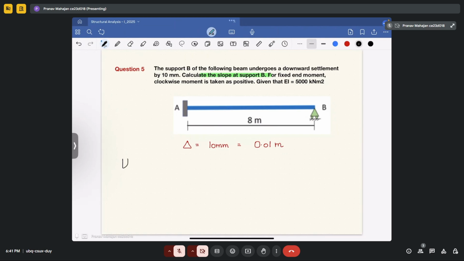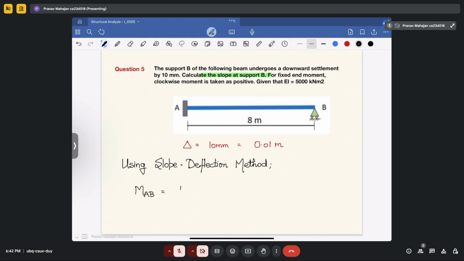So using slope deflection method, for the span AB, how you will write the equation?